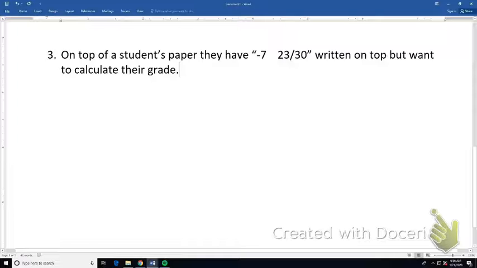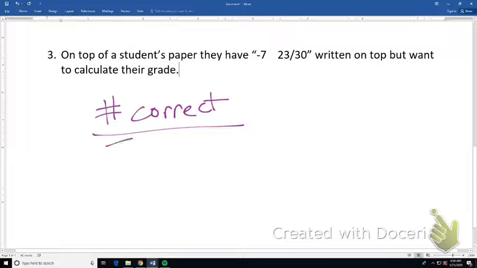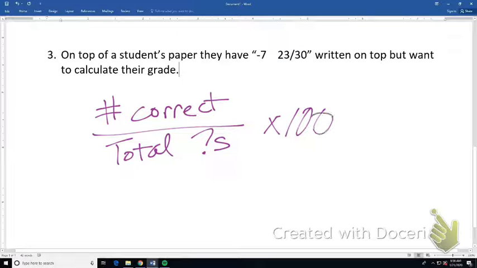Last example problem. On top of a student's paper, they have 23 out of 30 written on top, but want to calculate their grade. So calculating the grade is number correct divided by total questions times 100. And that's how you figure out your percentage.